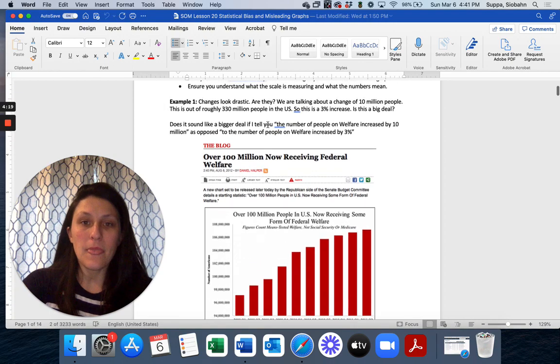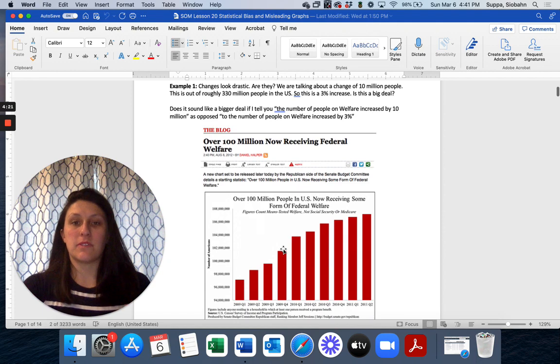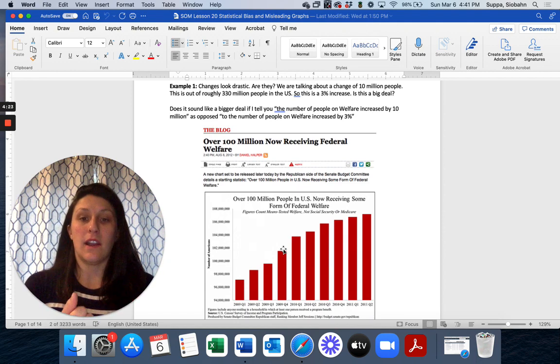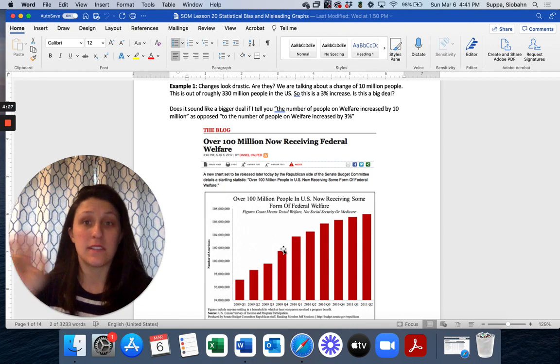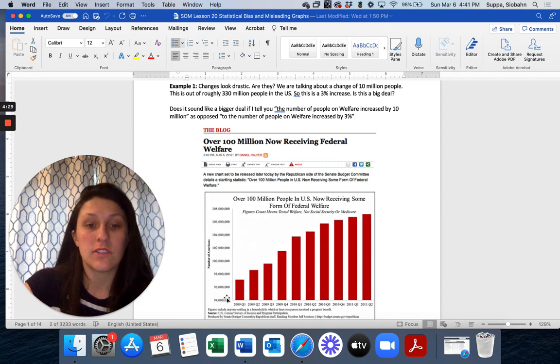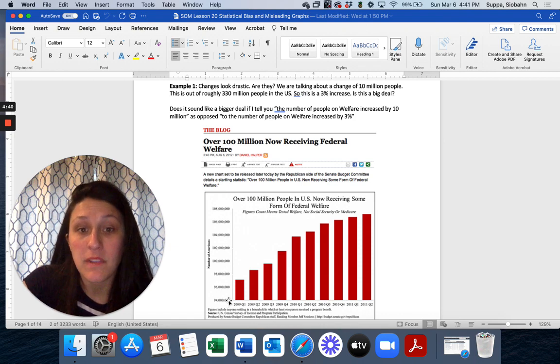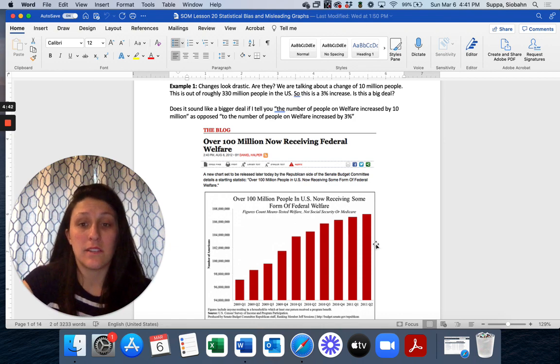So if somebody presents this bar graph to you, I could present you the same information, but I could make all the bars look exactly the same height by making the scale start at 0 and by changing how this scales. Instead of going up by 2 million every interval, I could go up by 10 million, and then all of these bars would look exactly the same height.